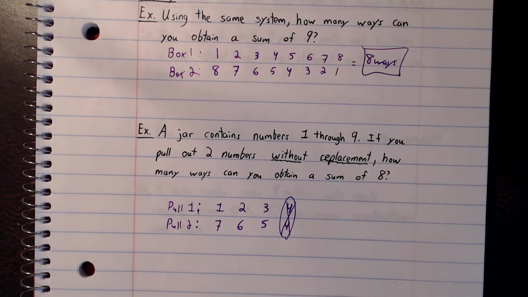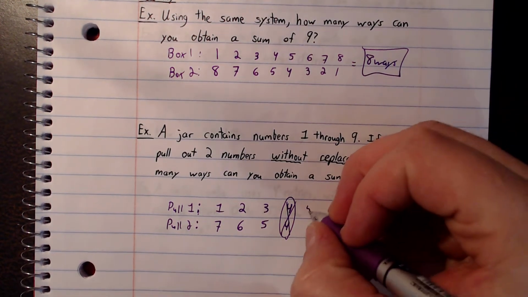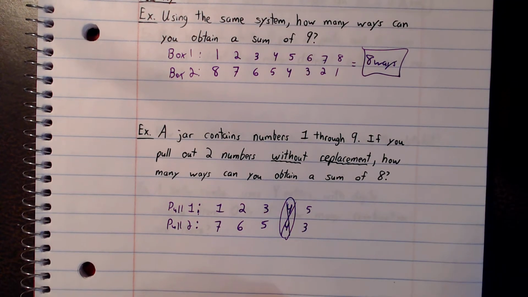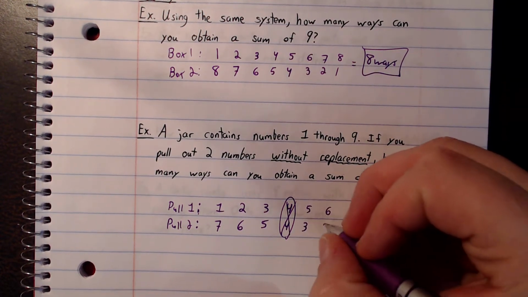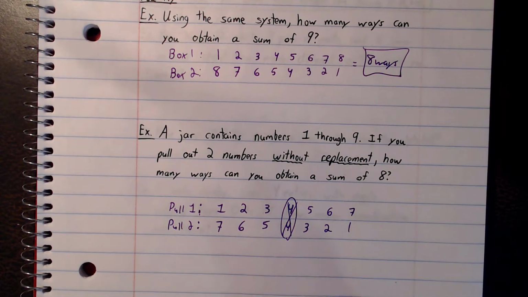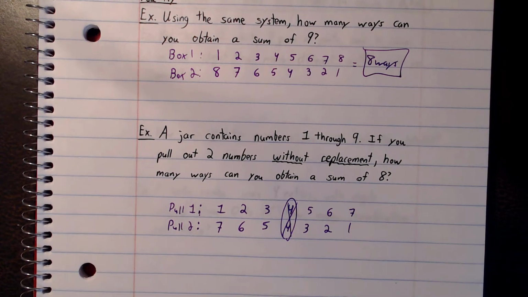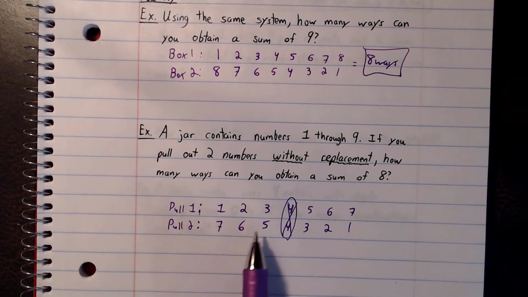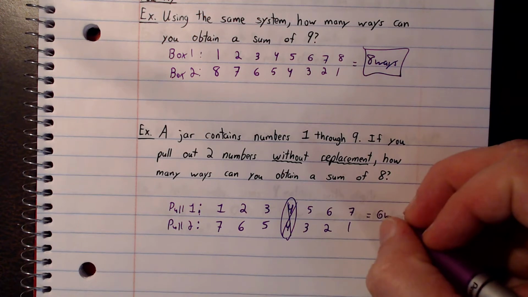There's no replacement. So that one doesn't count. I could pull out a 5 and a 3 the second pull. I could do a 6 and then a 2, and then finally a 7 and a 1. So yes, I listed that double, but it's not able to happen. So the number of ways that we can pull out a sum of 8 without replacement is 6 ways.